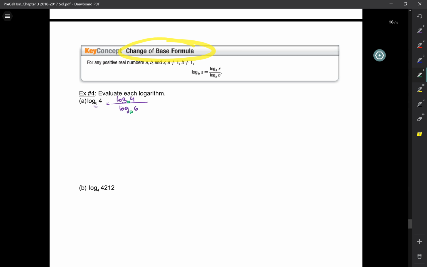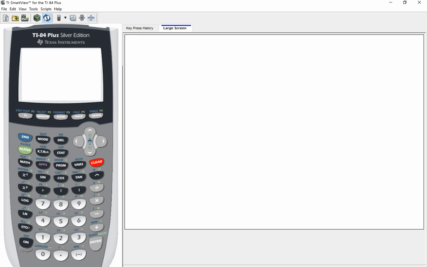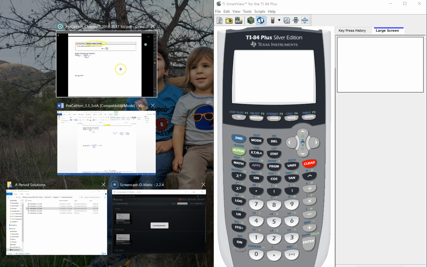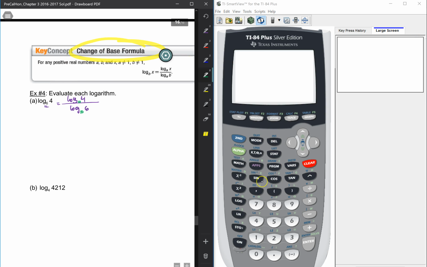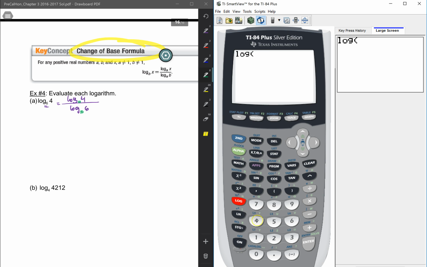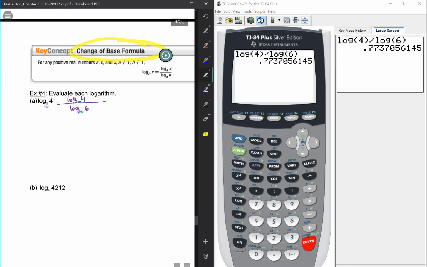So what I can do then is I can go on my calculator and I can put in log of 4 divided by log of 6 and that'll give me 0.774. Again, we always go to 3 decimal places.